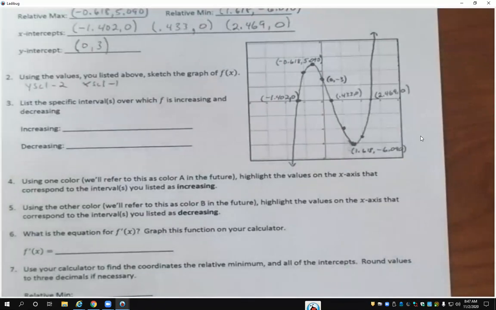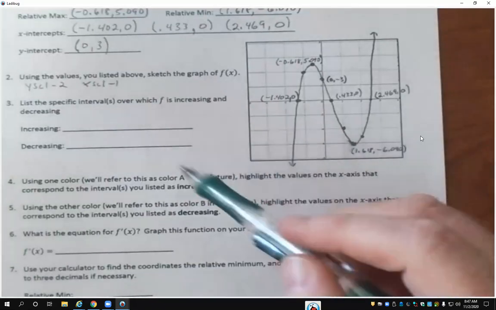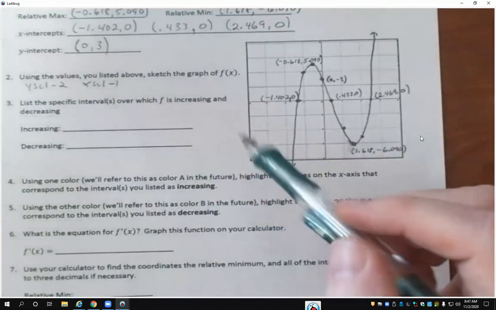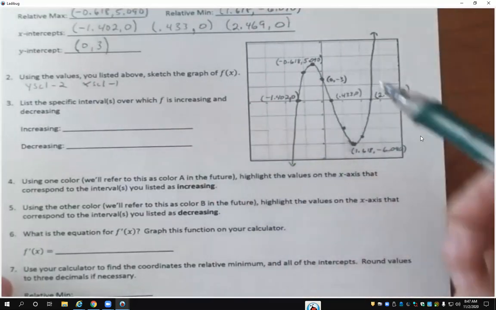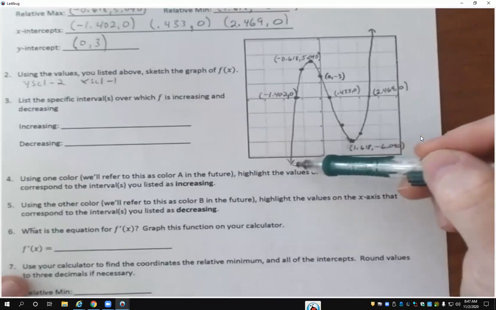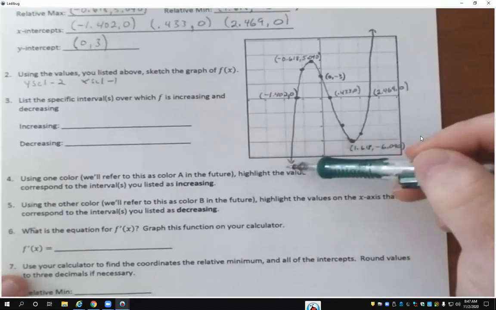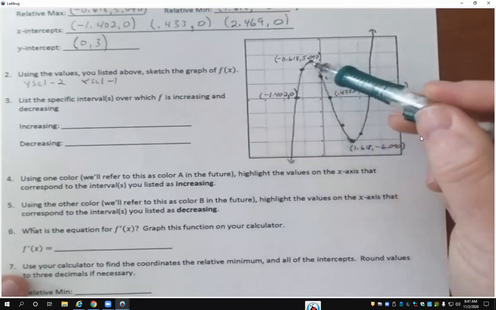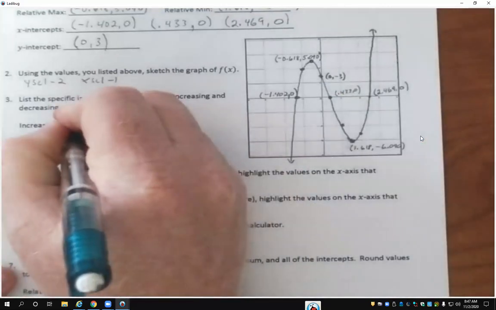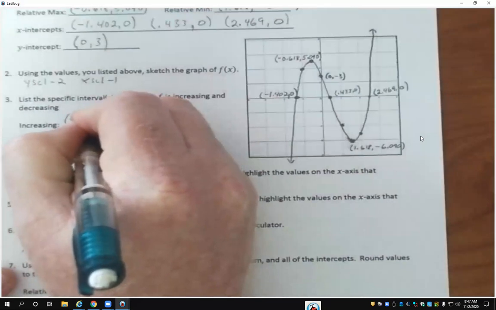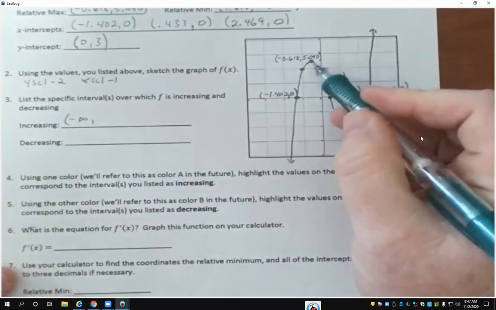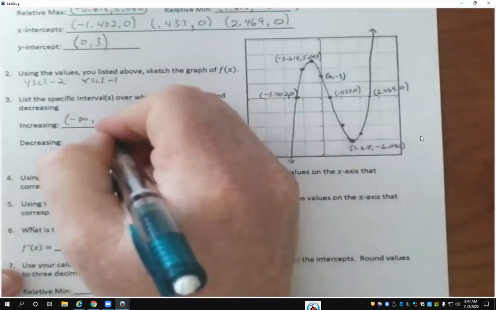The next question, number 3, is asking us to list the intervals that f is increasing and that f is decreasing. We're increasing from negative infinity all the way up to this relative maximum point, so from negative infinity to negative 0.618.